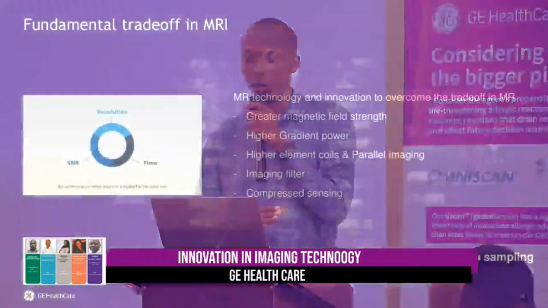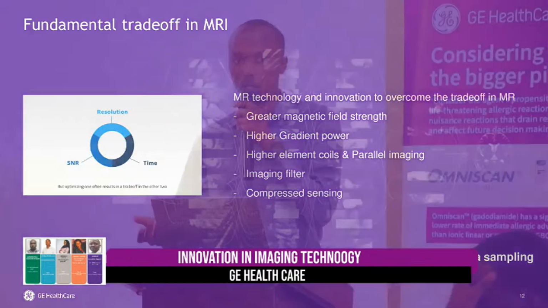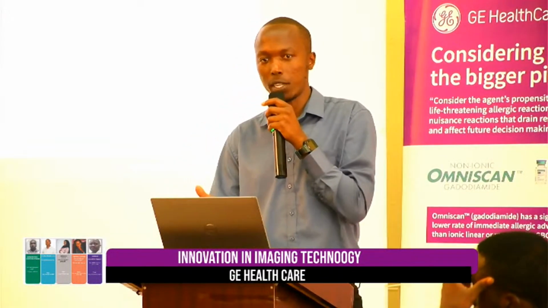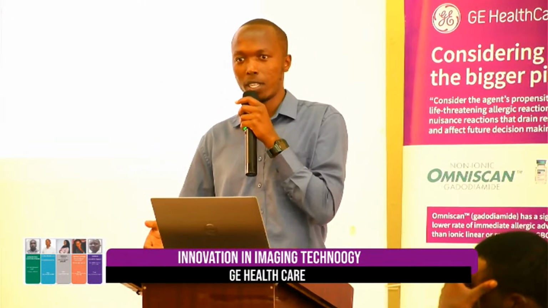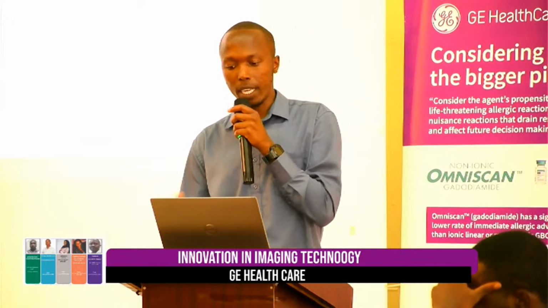So if you try to increase resolution, what do you do? You reduce the matrix size, you reduce the slice gap, you reduce the slice thickness. But what will happen to the SNR? The SNR will drop. If you want to increase speed, you increase slice thickness, you try to increase acceleration, but what will happen to the resolution? The resolution will drop.